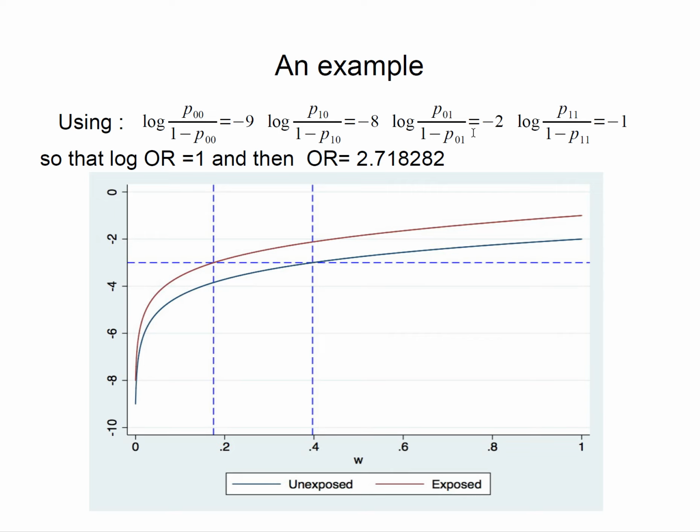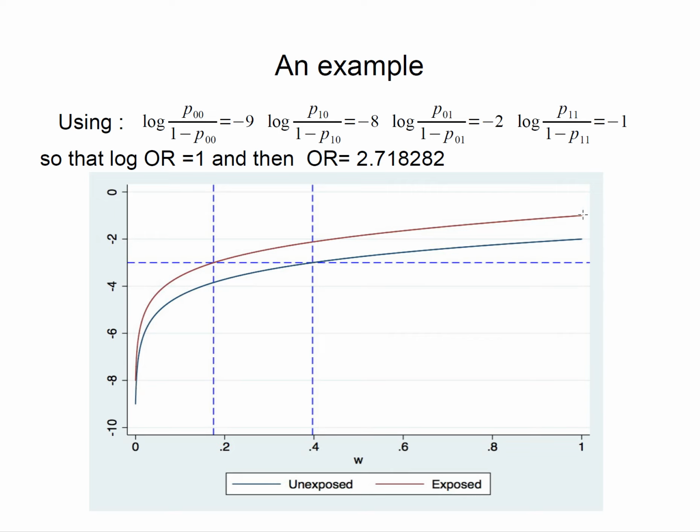So here's what the visual looks like. Here is the log odds. The difference between the two log odds in these two circumstances is 1 for strata 1. And it's not quite as easy to see here, but here we have the difference is also 1.